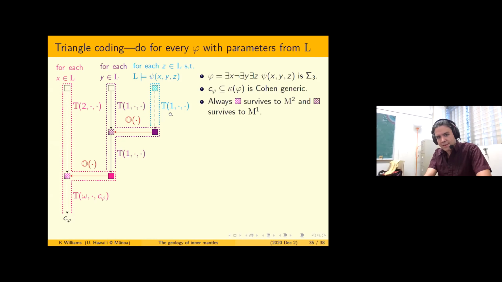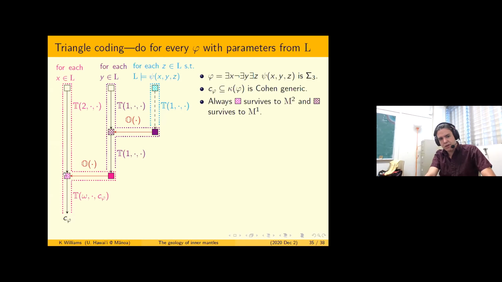Okay. And so let's make some observations. So if we have this triangle coding, taking mantles, ignoring what the overwrite blocks do, taking mantles is just climbing down these trees. So if we take 2 inner mantles, we're going to get this back because this had height 2. If we take 1 inner mantle, we're still going to have this code here for every y.